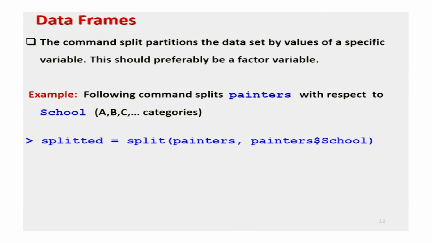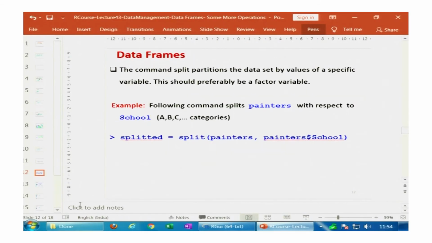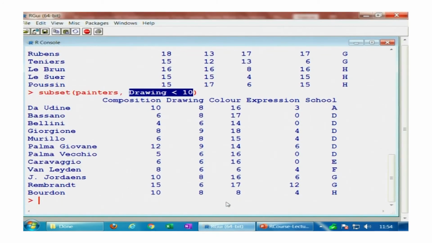So now, let me take this same example and show it on the R console itself, so that you can understand it better.